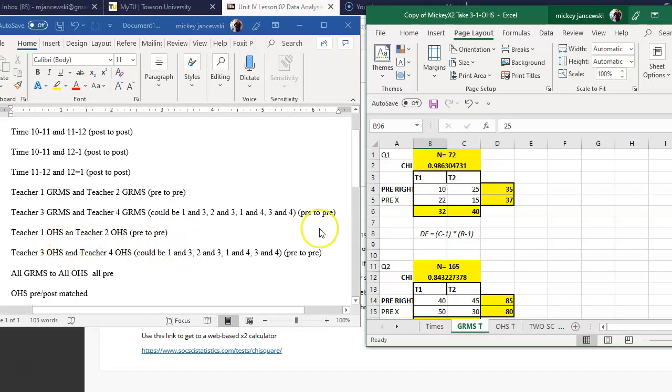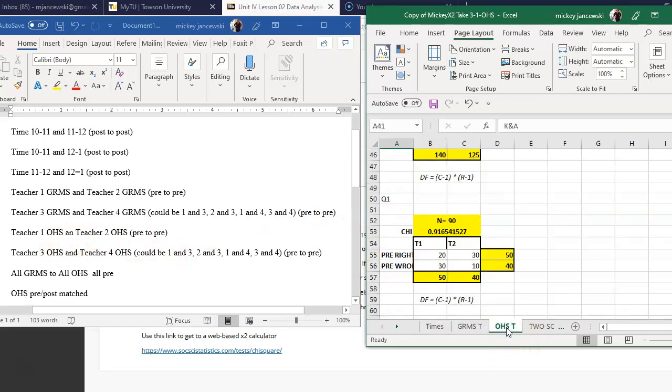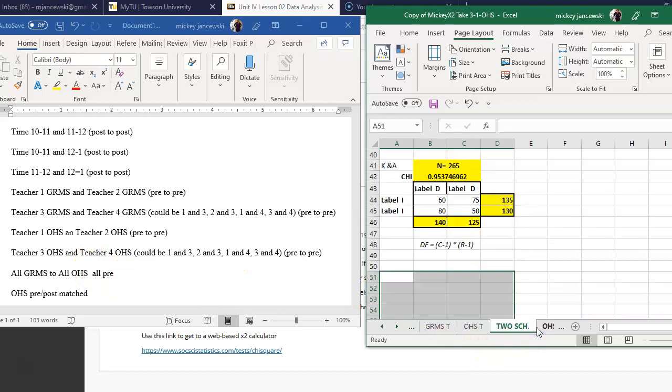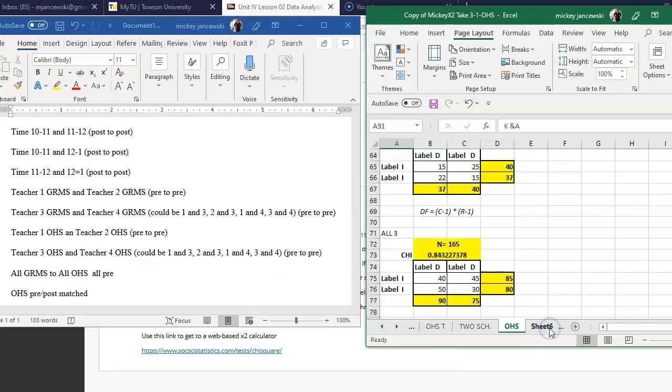Then you have Overly High School teachers. That would be that one, same process. You're going to take the information from step 2 and put in this chart. And then you have all of Golden Ring Middle compared to all of Overly. And then you have the Overly pre and post test, which will show us how likely it is that you made a difference in the people's knowledge and attitudes.